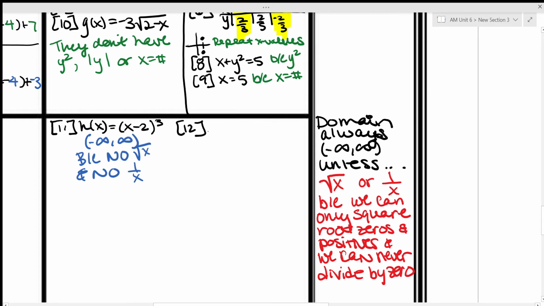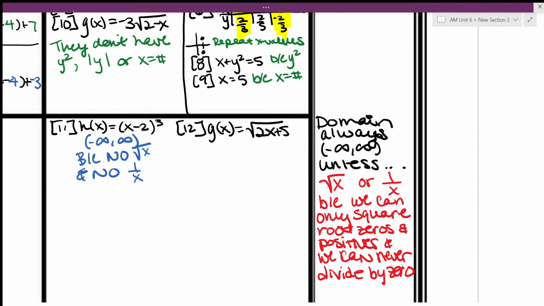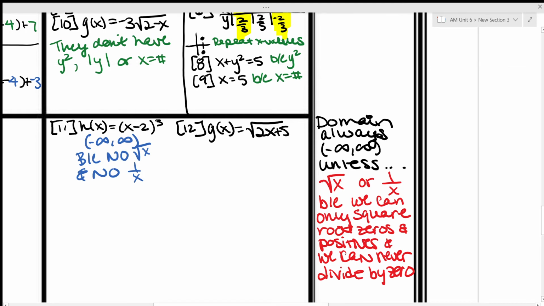This one does have a square root. So, how do I solve for it if I don't know how to graph it? We're going to make an inequality, which uses math symbols to represent zeros and positives.